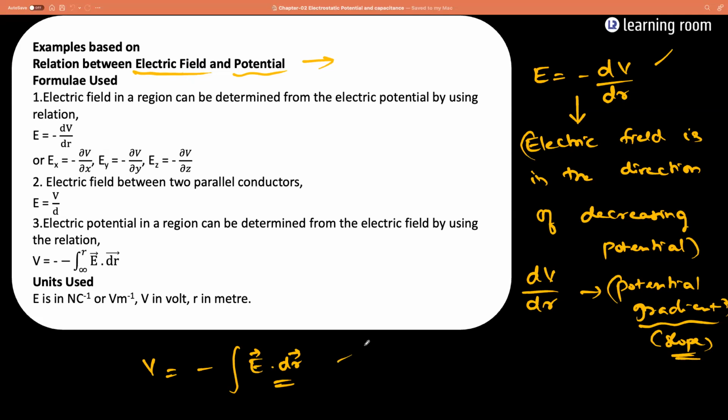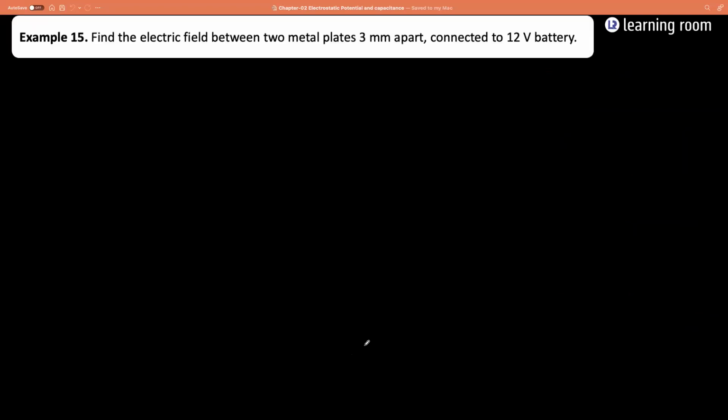Is there anyone who's not clear with this? I'm assuming that nobody is hesitating to ask, right? Okay. So listen to this. Find the electric field between two metal plates 3 millimeter apart connected to a battery of 12 volt.